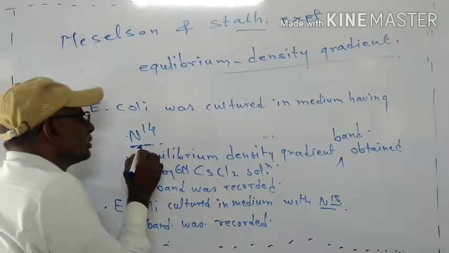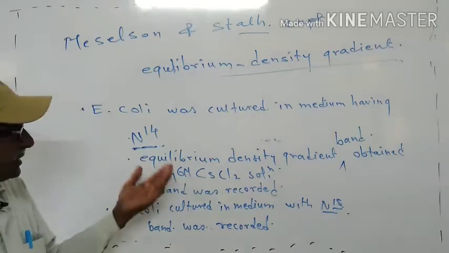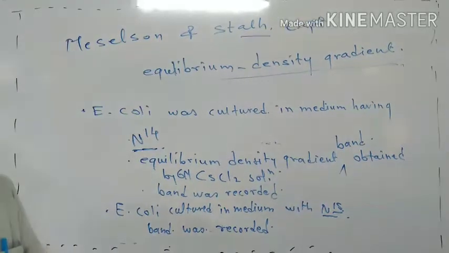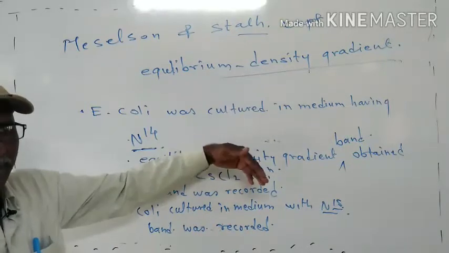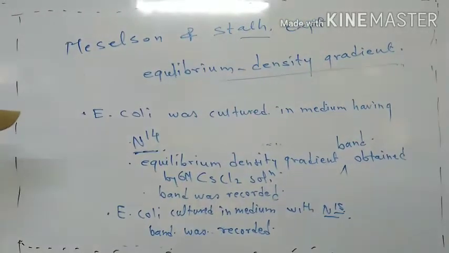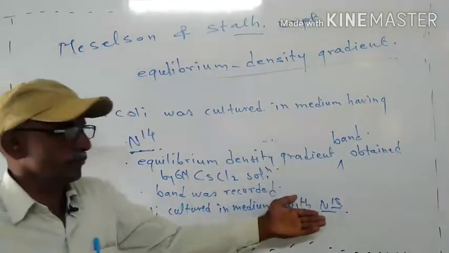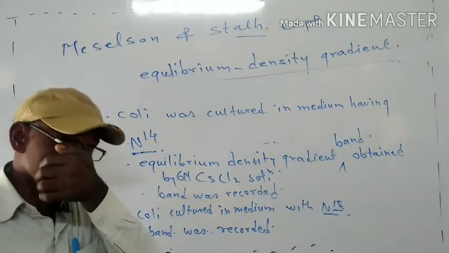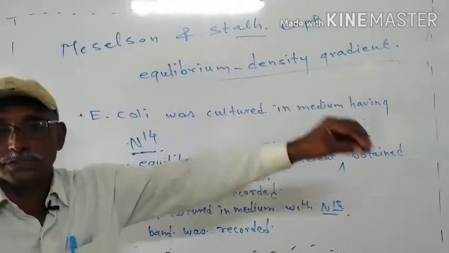And the band was obtained when this was treated with 6 molar CsCl in a test tube. They took it, and by the centrifugal method a band is obtained, and that band is recorded. Then in the second step, the E. coli was cultured in the medium with N15, and the E. coli was grown separately.